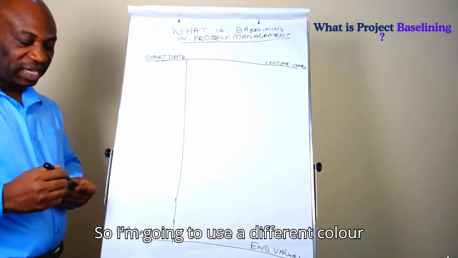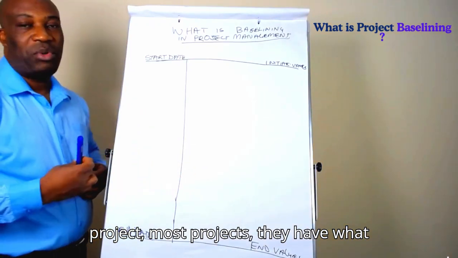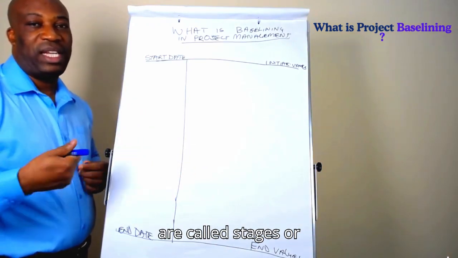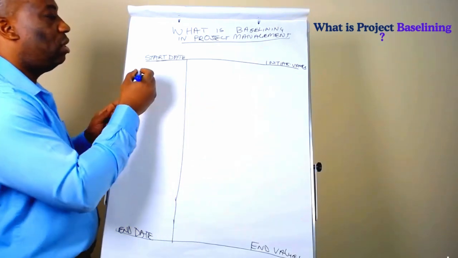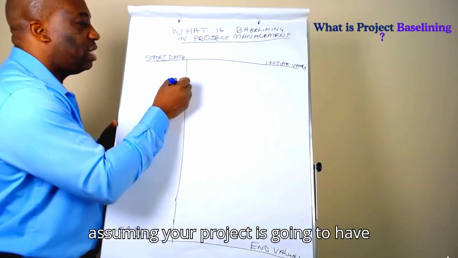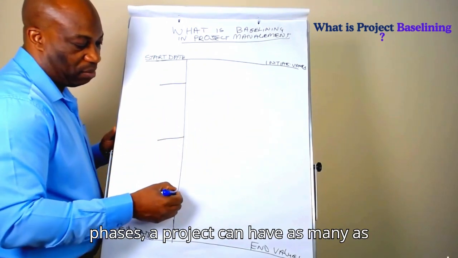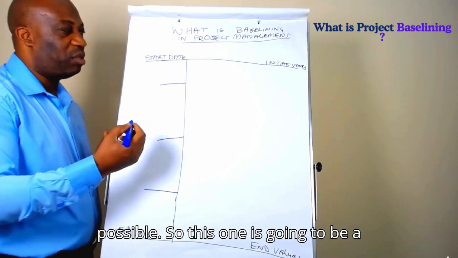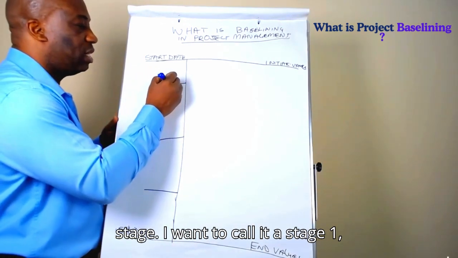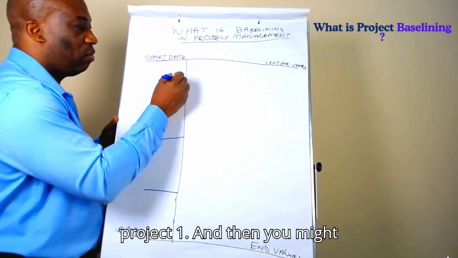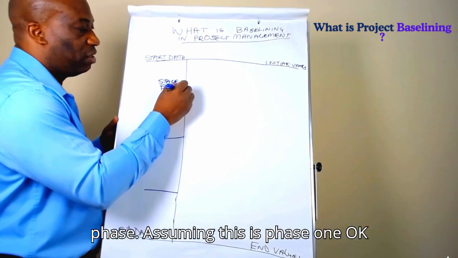I'm going to use a different color now. As you go through your project, most projects have what are called stages or phases. Assuming your project is going to have, say, 3 stages or phases, though a project can have as many as possible. You might call it a project stage or a project phase.